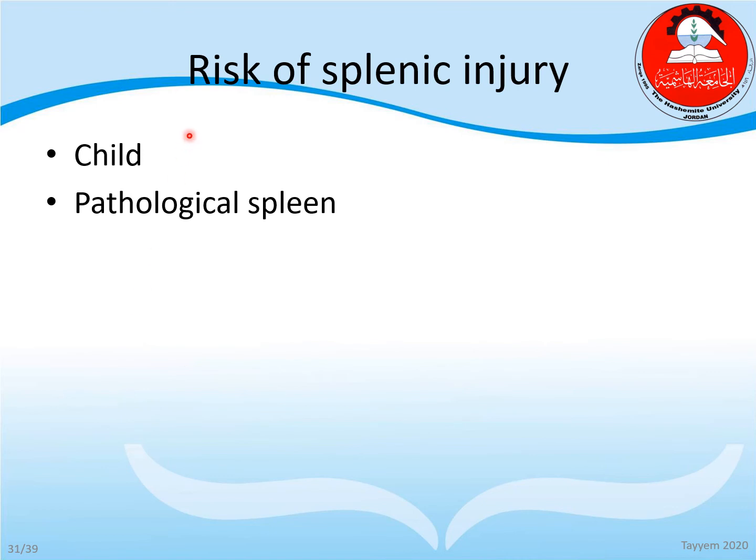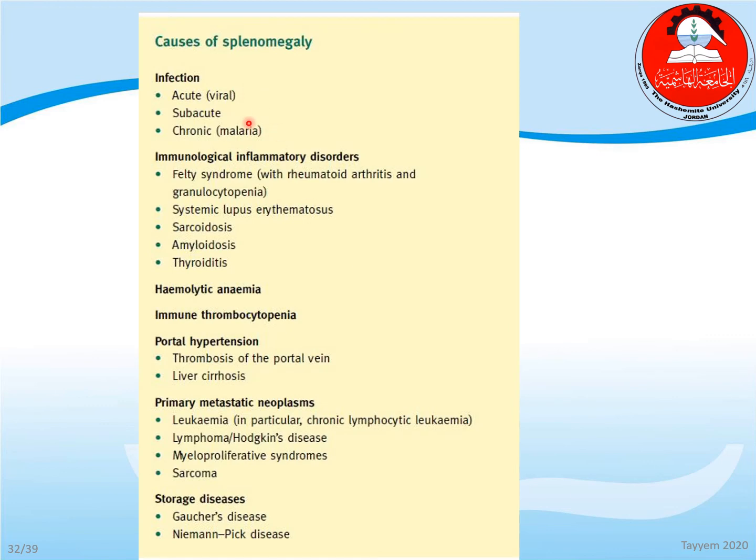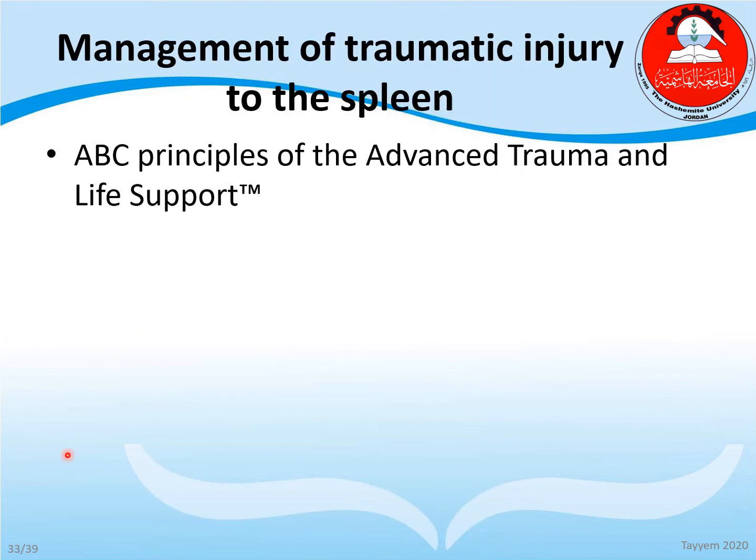The risk of splenic injury is higher in children and patients with pathological spleen, i.e. splenomegaly. And here are some of the causes of splenomegaly. The main categories are infection, immunological inflammatory disorder, hemolytic anemia, immune thrombocytopenia, portal hypertension, etc.